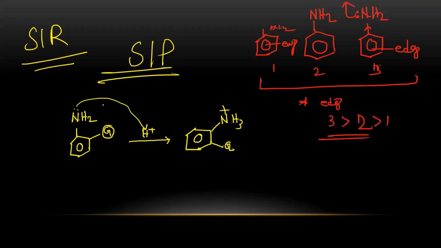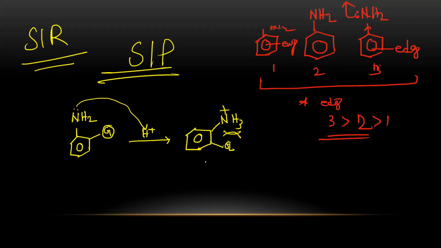Now what will happen? Initially there were 2 hydrogen, and now there are 3 hydrogen. If this G group is bulky, then what will happen? This extra hydrogen will generate a steric hindrance with that G group. And the more bulky the G group is, it will hinder the upcoming proton.